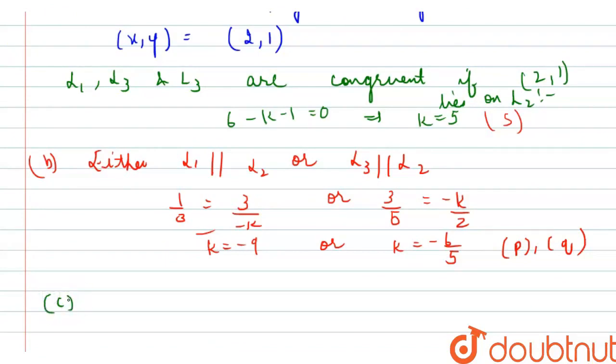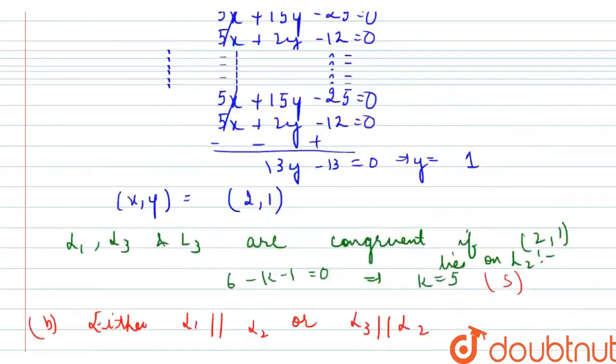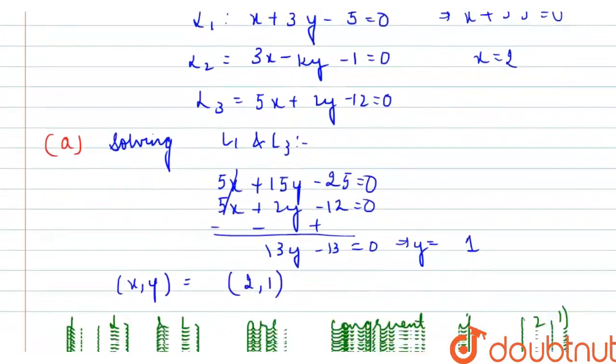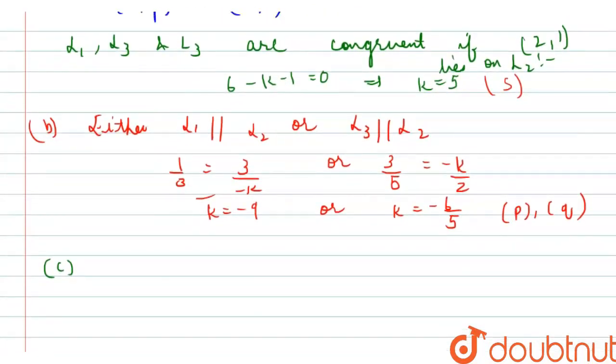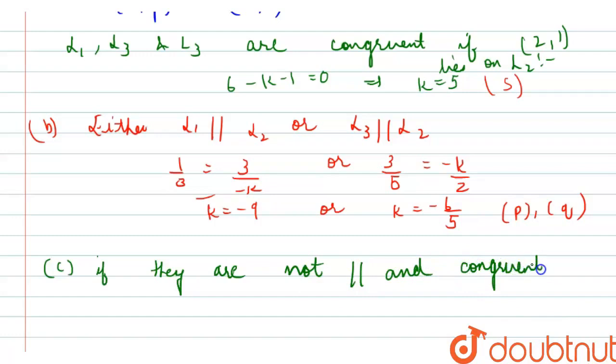It is asked that L1, L2, L3 form a triangle if. L1, L2, L3 form a triangle if they are not concurrent and not parallel. So it will be the case if they are neither parallel nor concurrent.